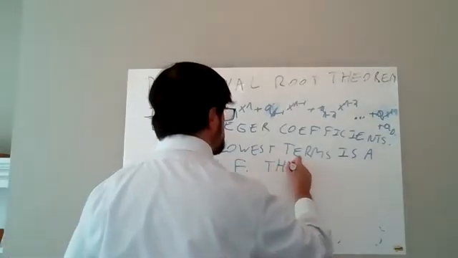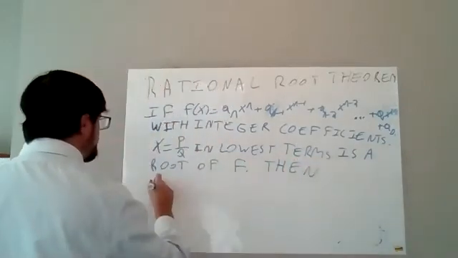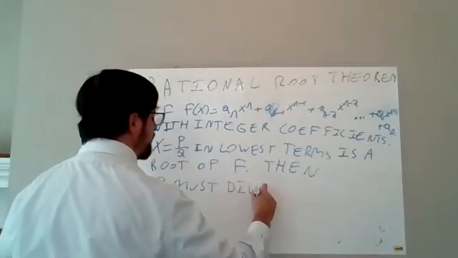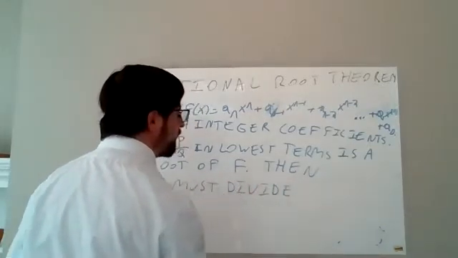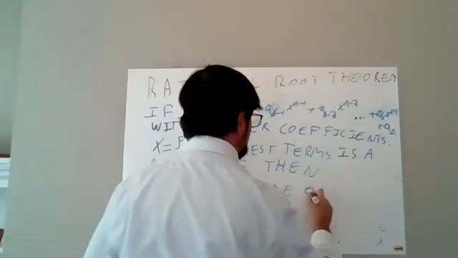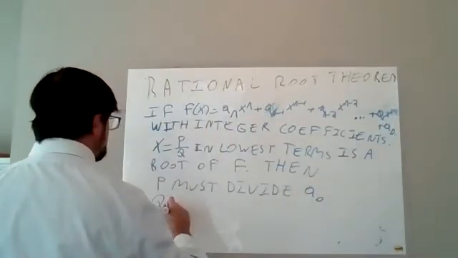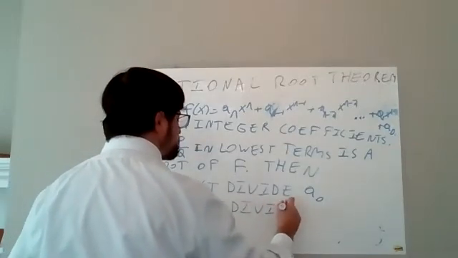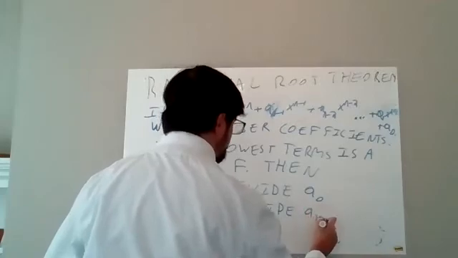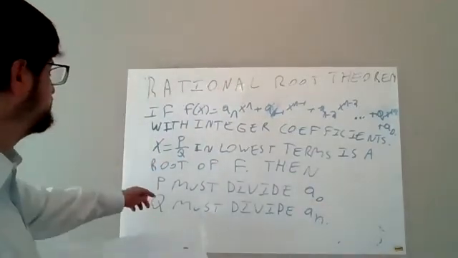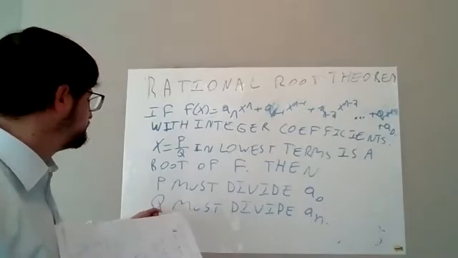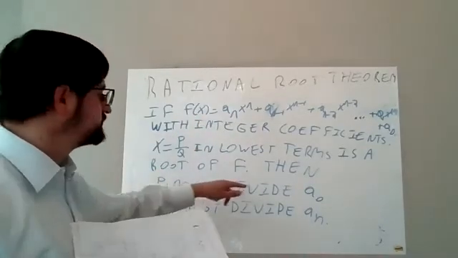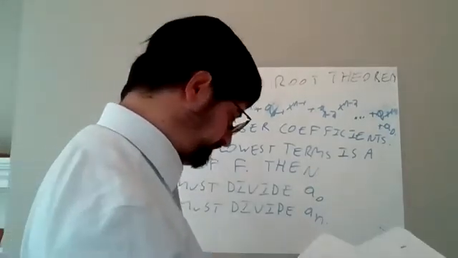Then p must divide a naught, a0, and q must divide a_n. All right, so our denominator has to be a divisor of the lead coefficient, and our numerator has to divide the constant coefficient.